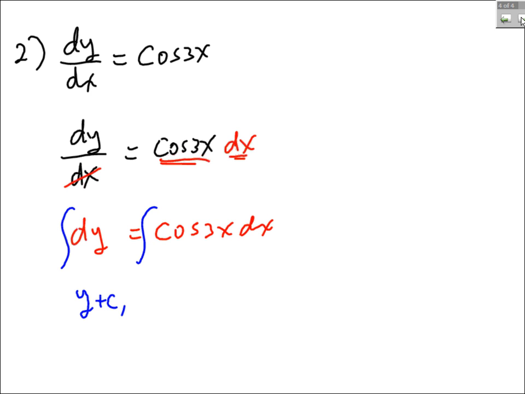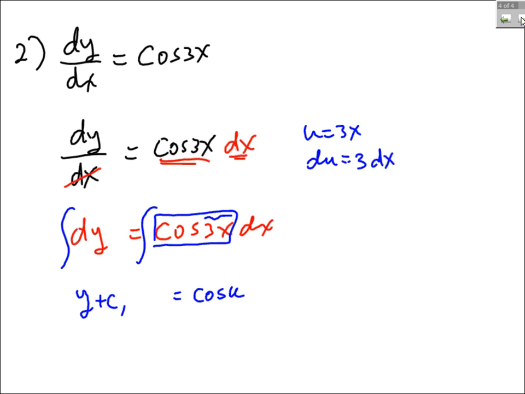So constant 1. Now, if I let u equal 3x, well then du is 3 dx. So this part is going to be cosine of u. That's going to be cosine of u.